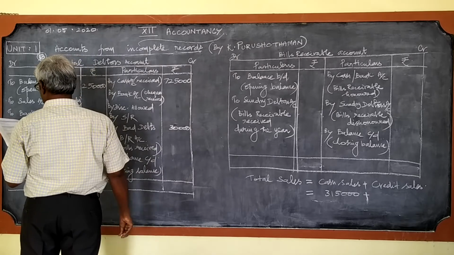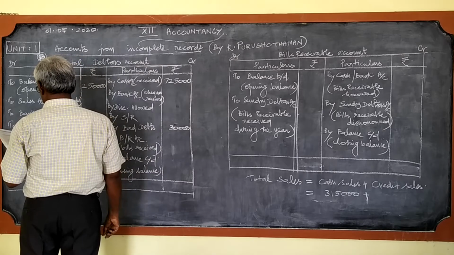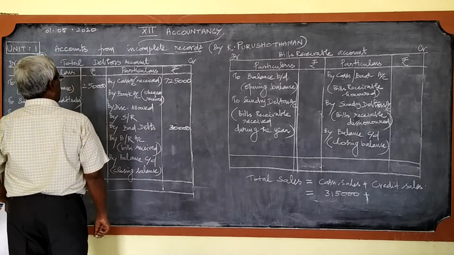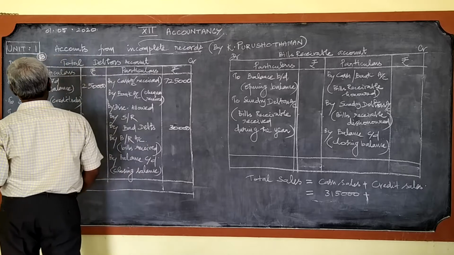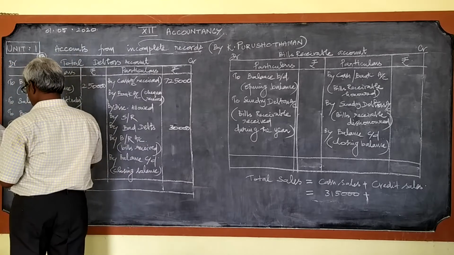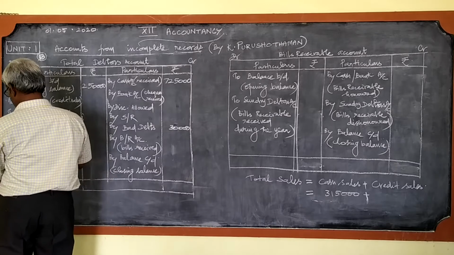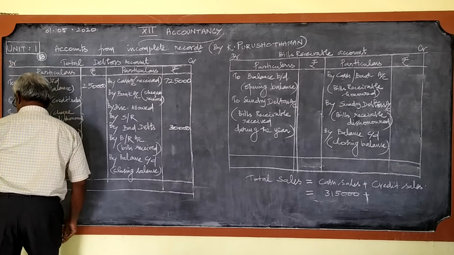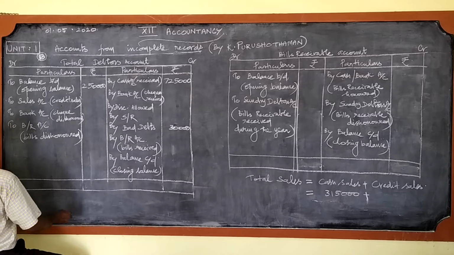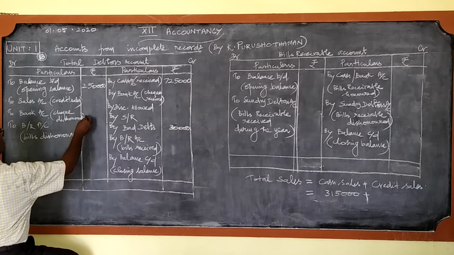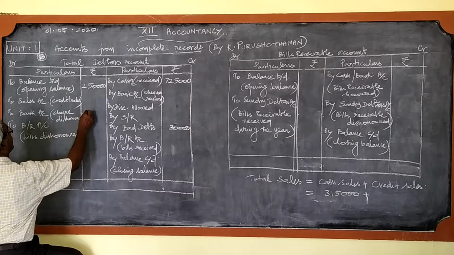The next relevant item for this format is bills receivable dishonored. Here the bills receivable dishonored is given as 15,000.